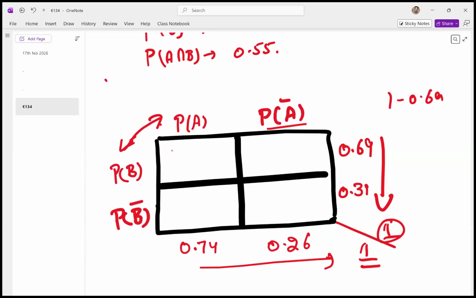Now this section is called P A intersection B. And this section will be PB intersection A bar, and here I will write PA intersection B bar.